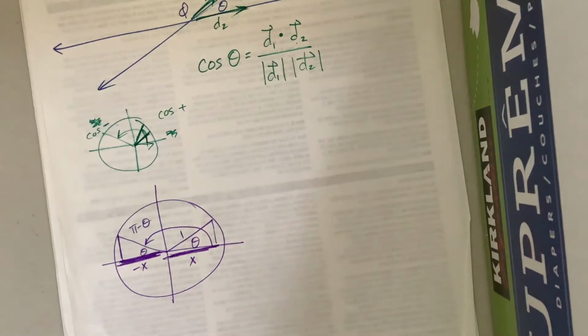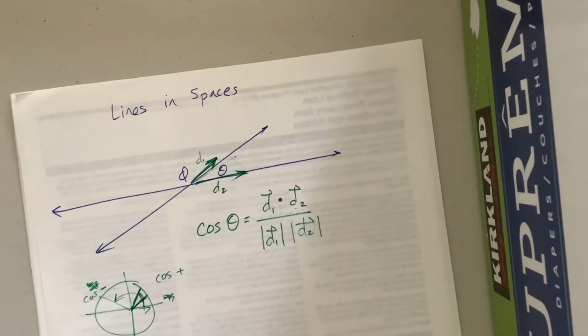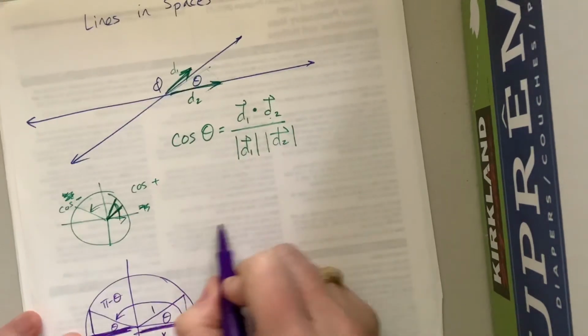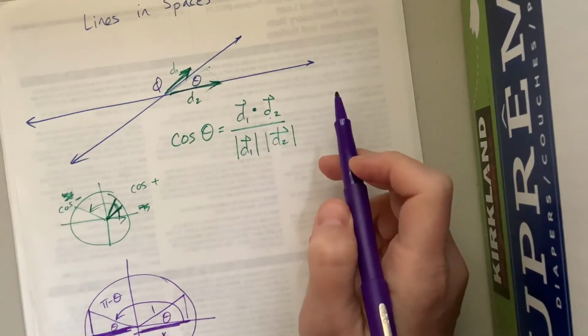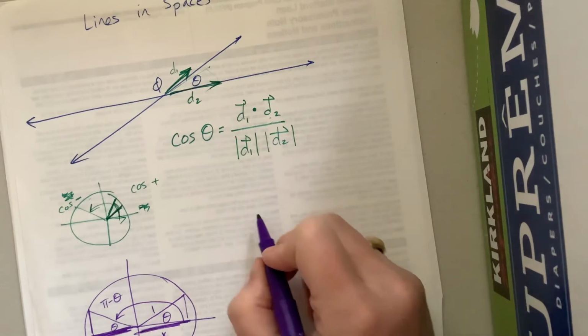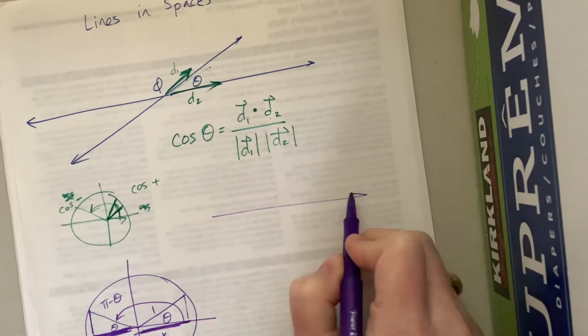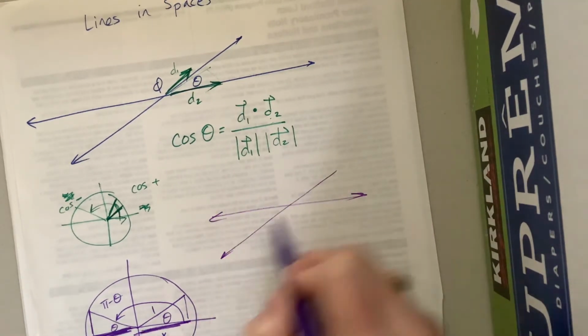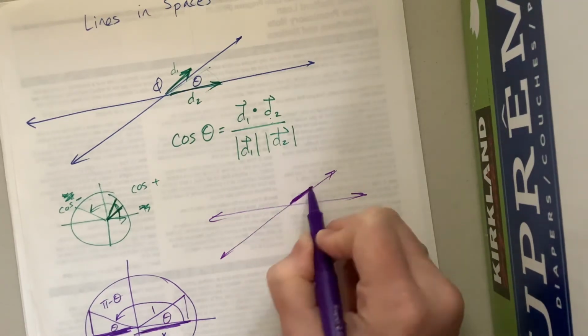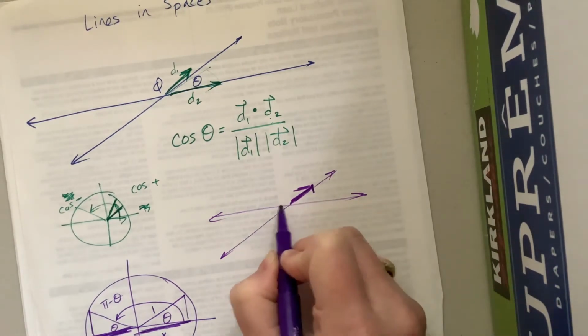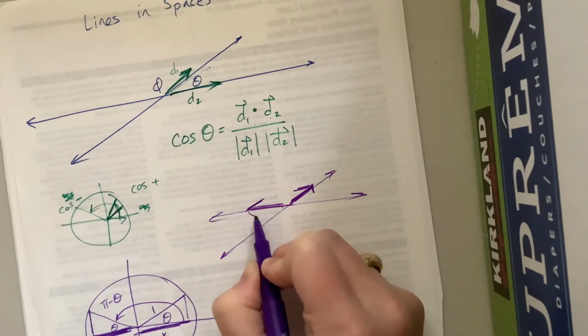Okay, let me back up for just a second. If the dot product is positive, life is good, we get an acute angle. If the dot product is negative, then probably what happened was, on my lines, I took this direction vector here and a direction vector going like this over here.